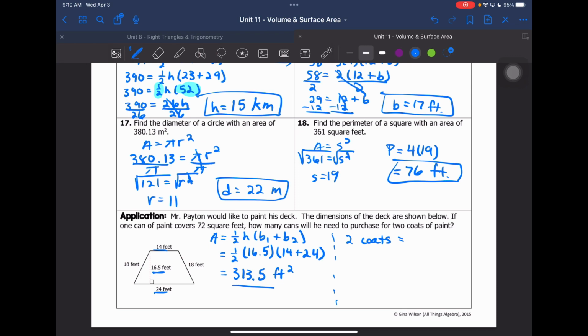So 313.5 times 2 would equal 627 feet squared. And now we're going to take that number and divide that by each can. Each can covers 72 square feet, so let's divide by 72. That comes out to 8.7. We can't really buy 8.7 cans. We're just going to have to go up. We're going to have to buy 9 cans so that we have enough. If we bought just 8 cans, we wouldn't have enough. So 9 cans is the answer there.